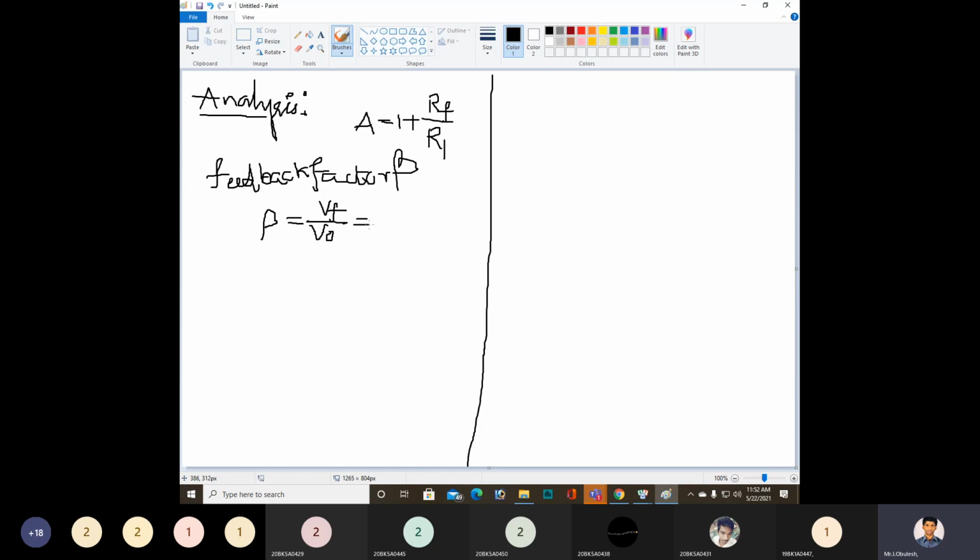Vf is nothing but the output impedance by input impedance plus output impedance.